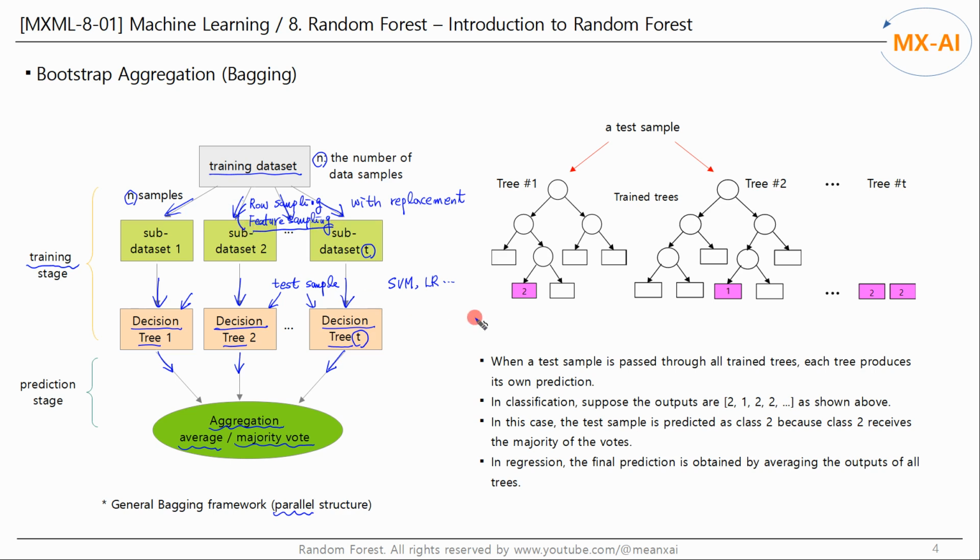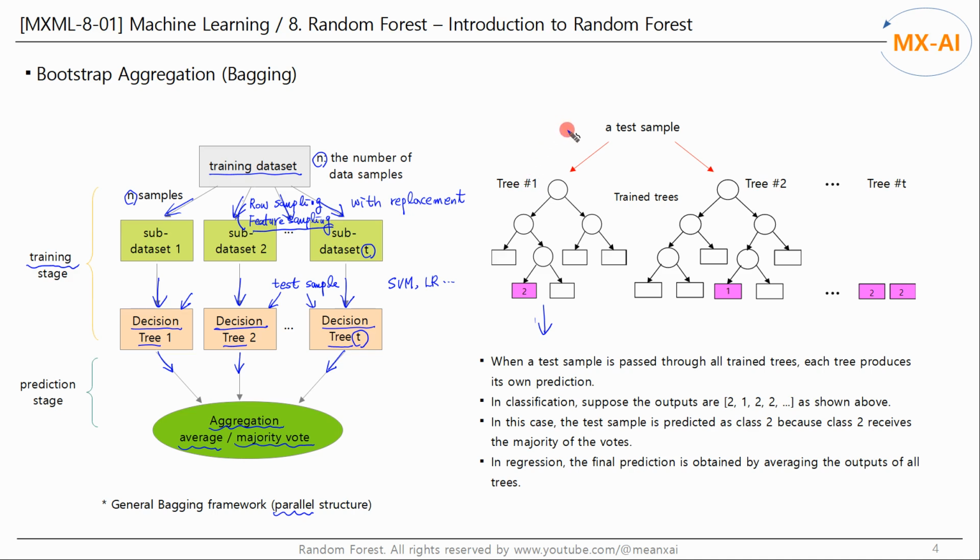Each tree is typically grown to its maximum depth without pruning. Deep unpruned decision trees may strongly overfit the training data. However, random forest reduces overfitting by averaging many decorrelated trees. Therefore, pruning is usually unnecessary for the individual trees inside a random forest.